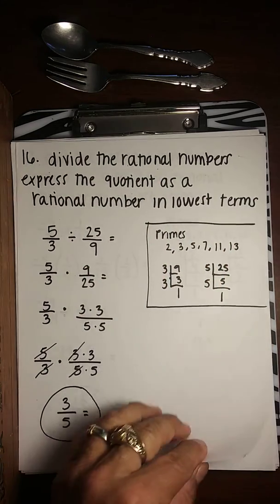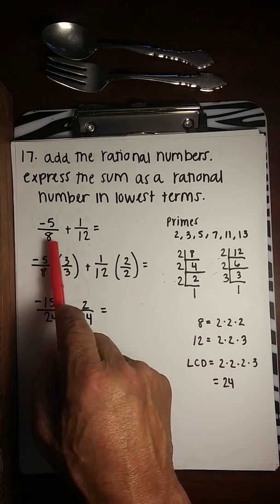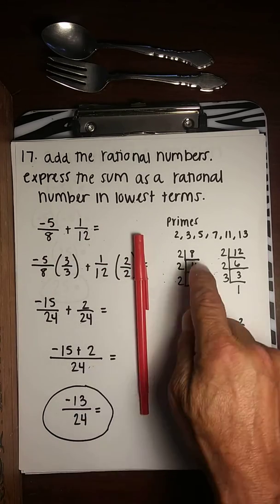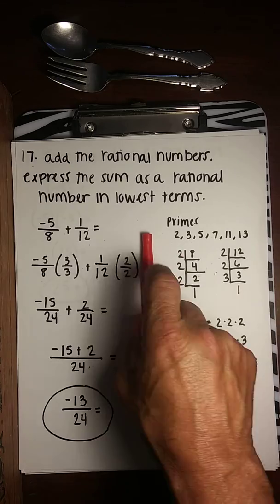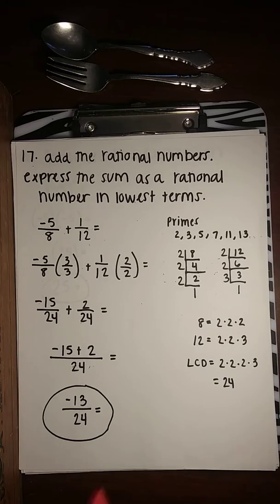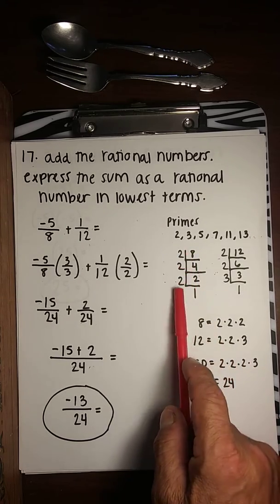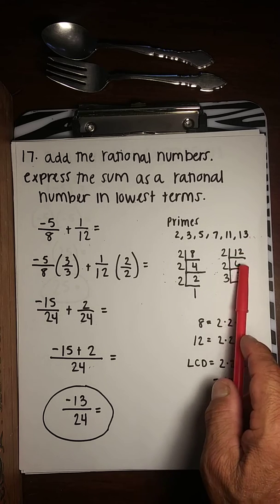Okay. Next one. Negative 5 over 8 plus 1 over 12. Can't put them together because they're not the same denominators. Factoring the other side, 2, 3, 5, 7, 11, go on. So now, what can happen here? 2 divides 8, 4, 2 divides that, 2 divides that. So we have 2 times 2 times 2. 2 divides 12, 2 divides that, 3 divides that.